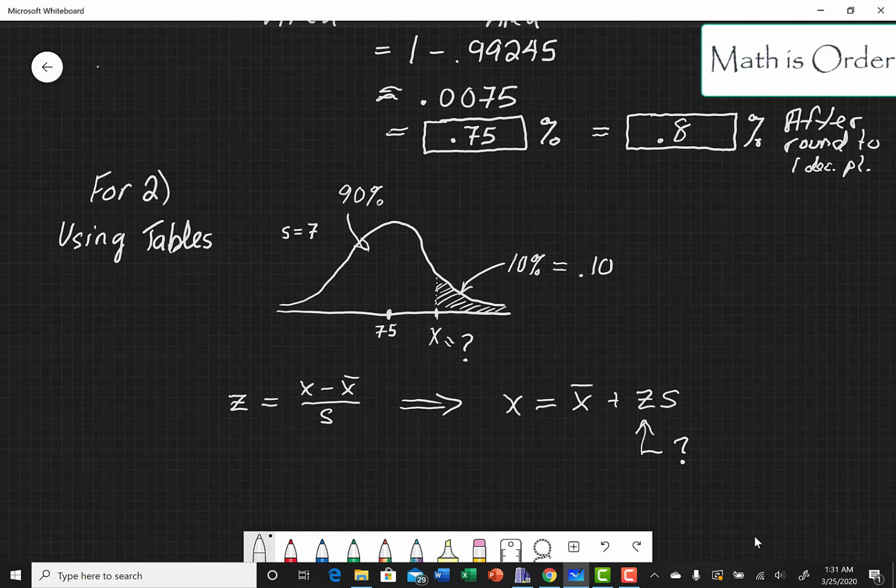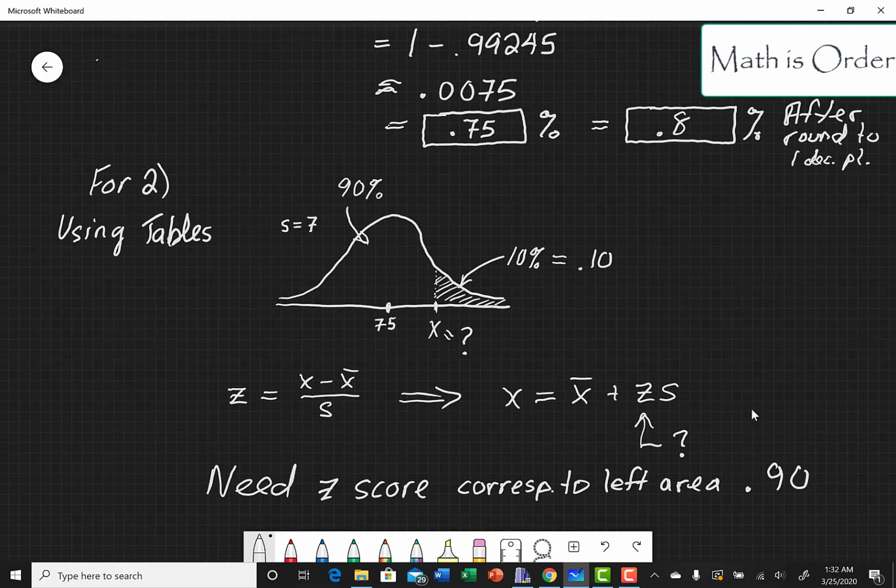So we're going to look in the tables and see if we can find a z-score closest to 0.9. Let me go ahead and write this. We need a z-score corresponding to a left area of 0.9.